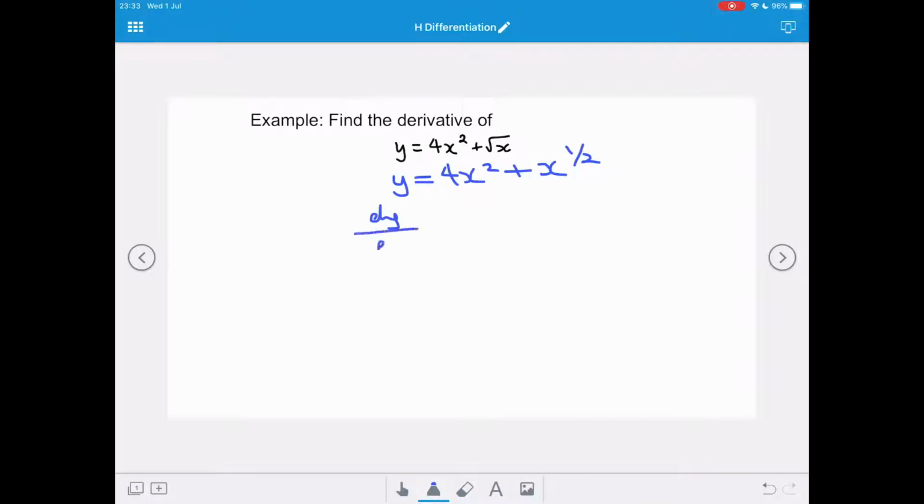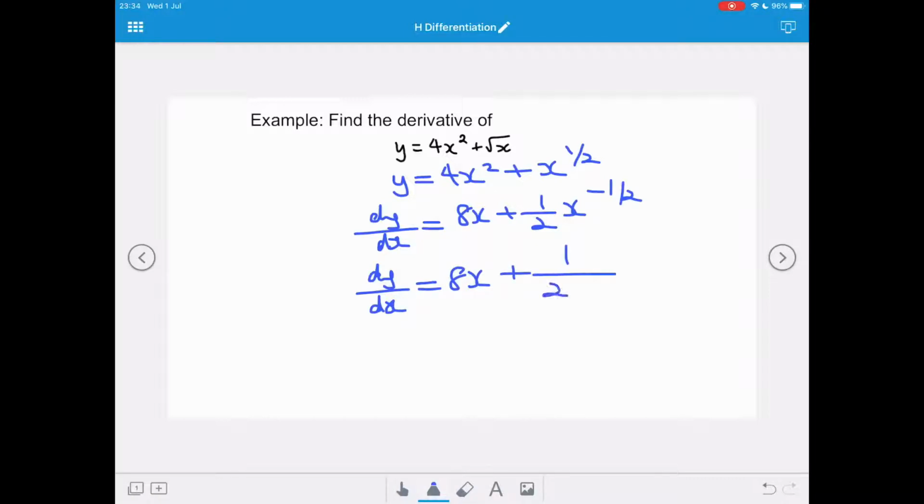And so dy by dx is going to equal 8x plus a half multiplied by x to the negative a half, and then we're going to write that as the derivative of y with respect to x equals 8x plus 1 over 2x to the power of a half, and then we're going to change that into root form, so the derivative of y with respect to x equals 8x plus 1 over 2 root x.